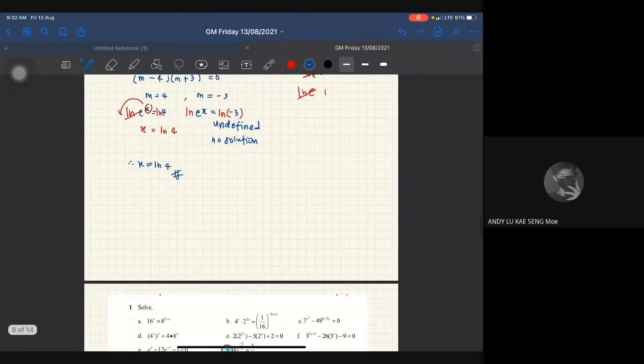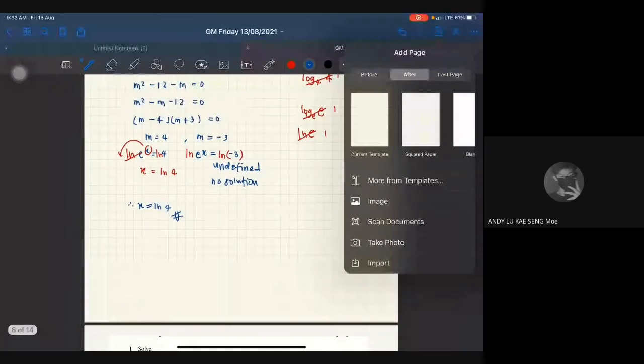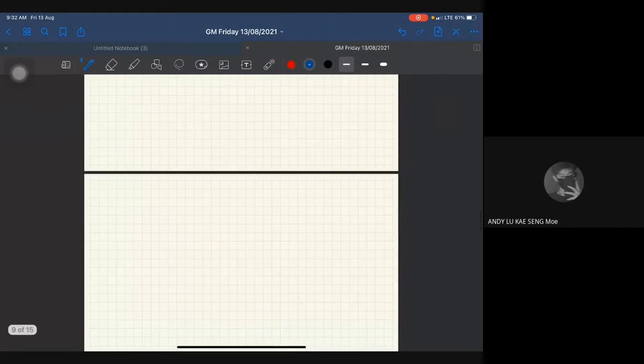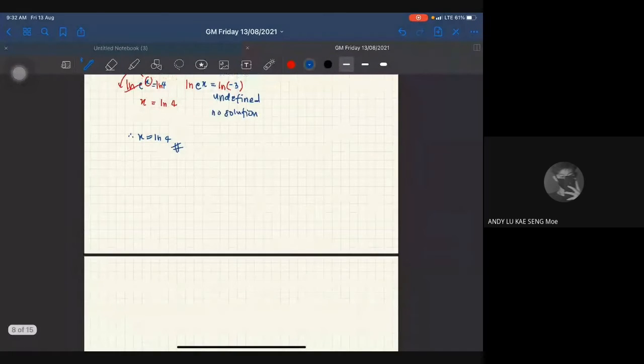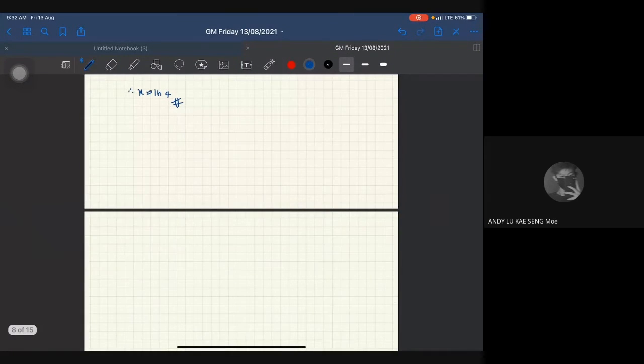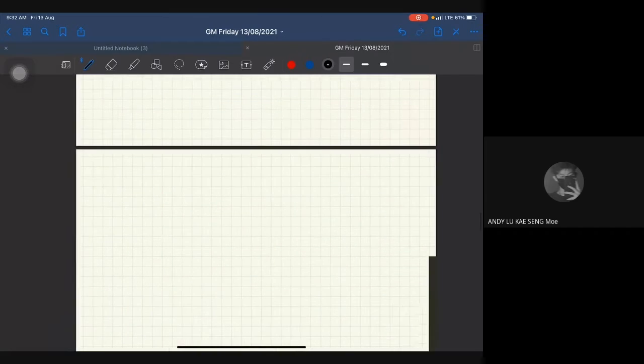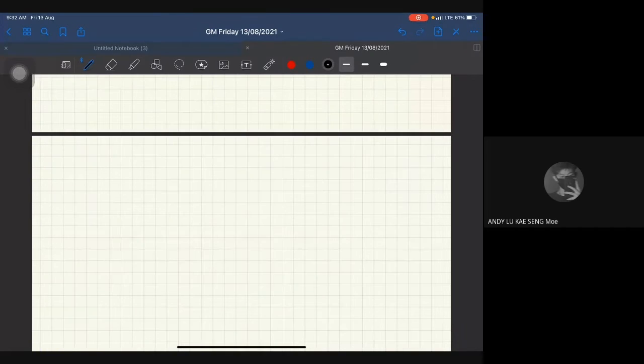So, sekejap saya nak terangkan satu konsep. Tadi, so you have, contohlah, 2 to the power of x equal to b. Kita letak e lah balik. Di sini ada e.